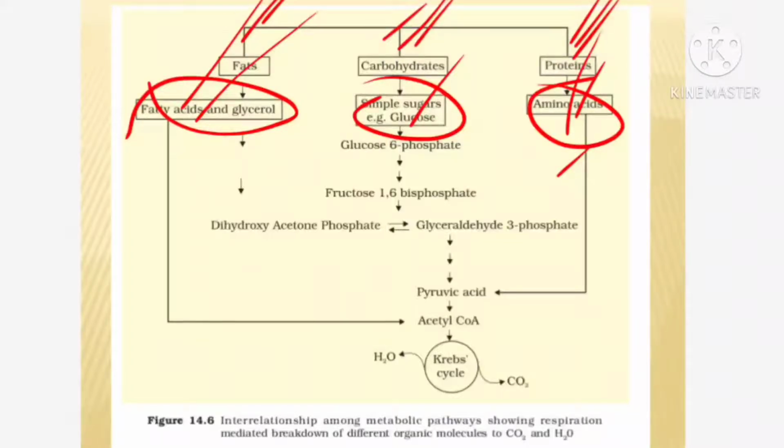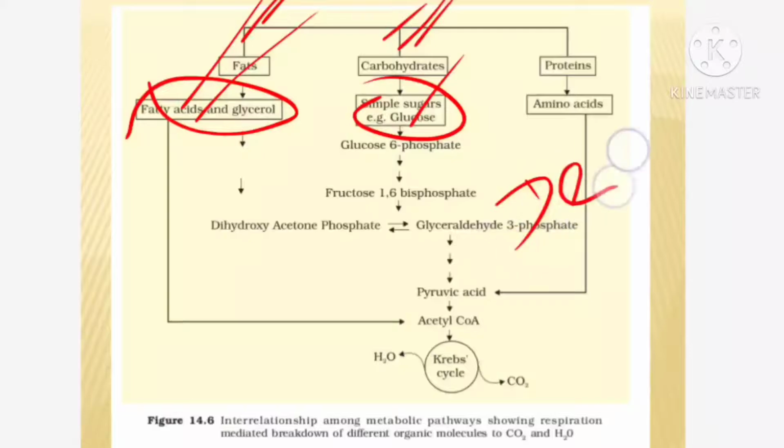Now, what is happening to this amino acid? Listen, this amino acid undergoes a process called deamination, and they produce pyruvic acid.